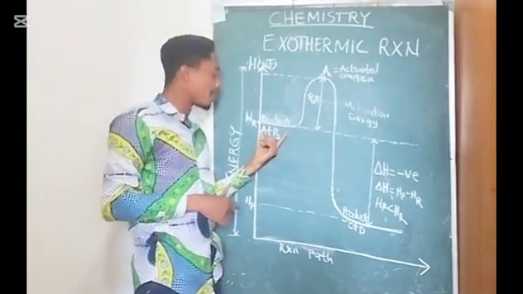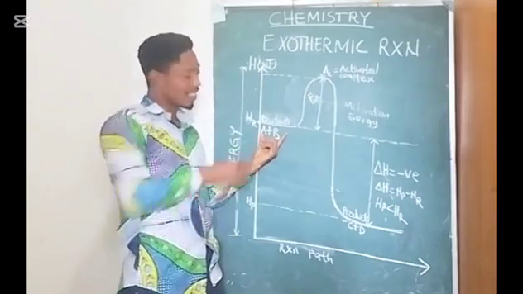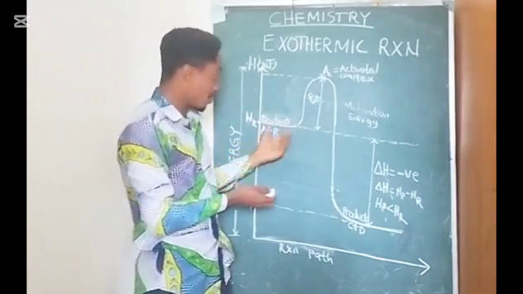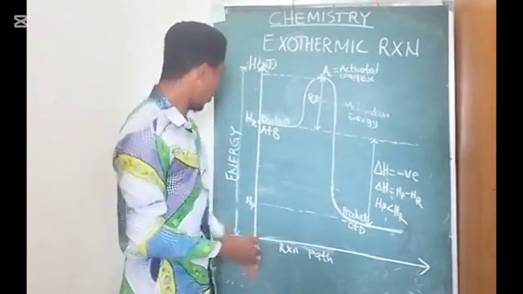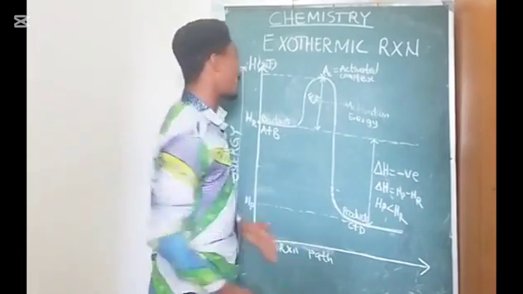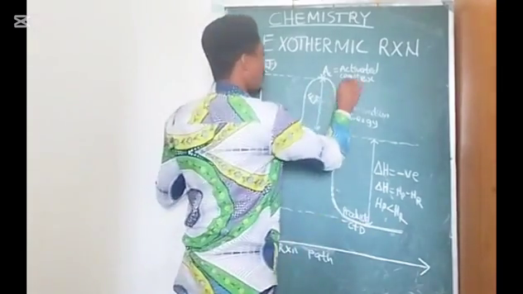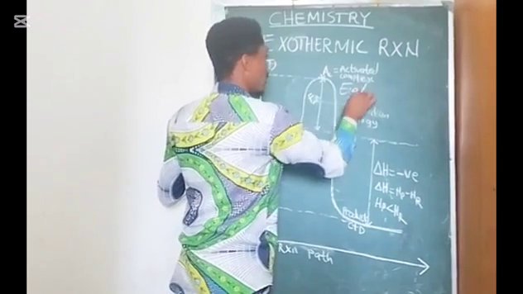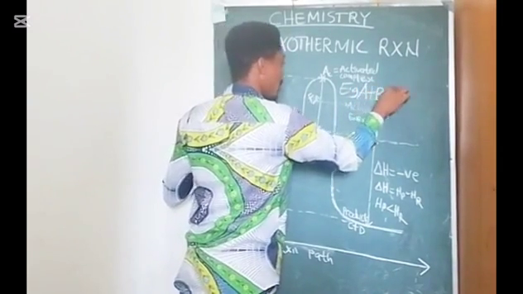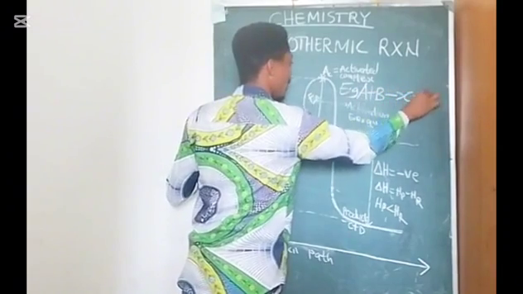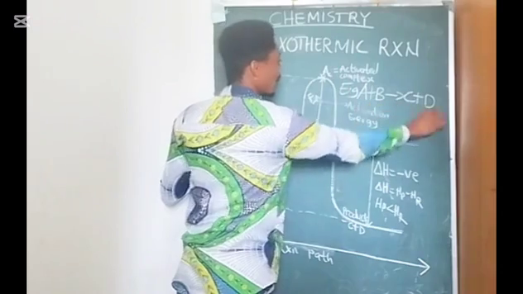Of course, the reactants can be represented as A plus B, whatever the reactants may be, and then the products can be represented as C plus D. Remember, this is energy, this is the reaction path. You can see a reaction represented this way: A plus B giving us C plus D, reactant, product.